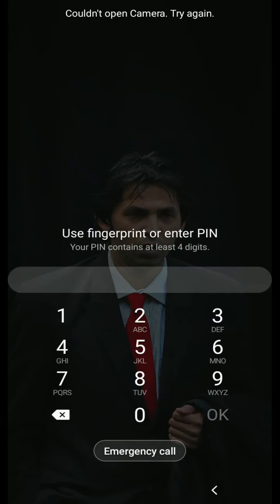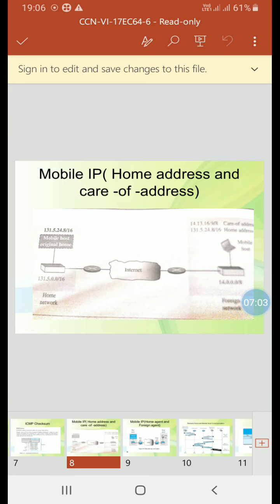Changing the address is the simple solution: let the mobile host change its address as it goes to the new network, obtaining a new address associated with the new network. The host can use DHCP, Dynamic Host Configuration Protocol.